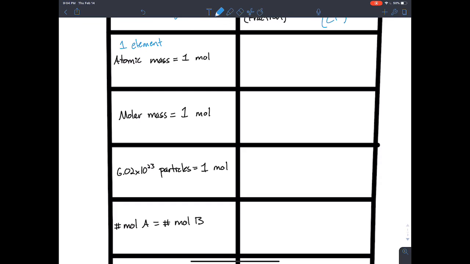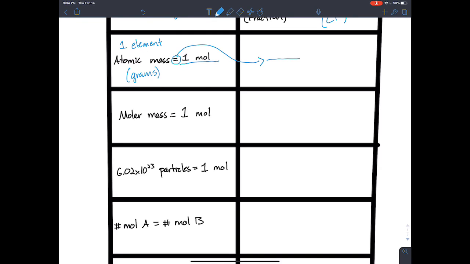You take your atomic mass, and it's very important that this is in grams. Your atomic mass in grams is going to equal 1 mole of that substance. So for something there might be 20 grams per 1 mole. When we write that in a conversion factor, the equal sign becomes the division sign of the fraction.